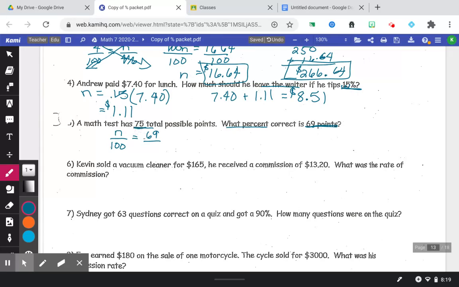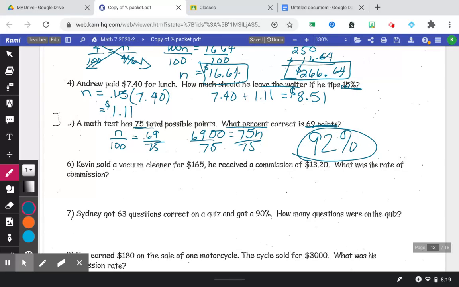And then this test had a total of 75 points. Okay, so I'm going to do my cross products. Divide both sides by 75. And this particular student did pretty well, got a 92%.